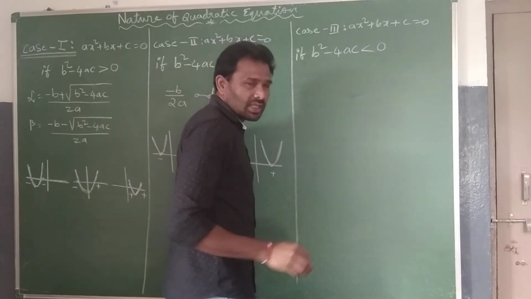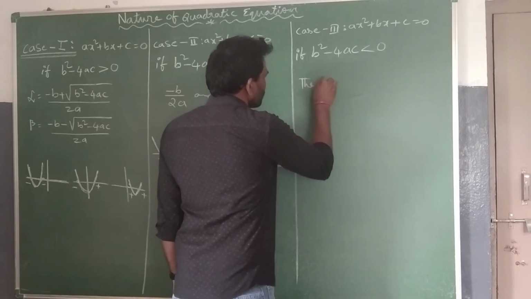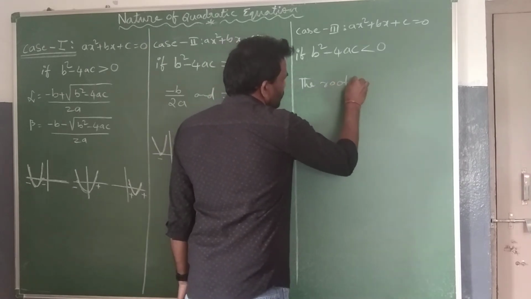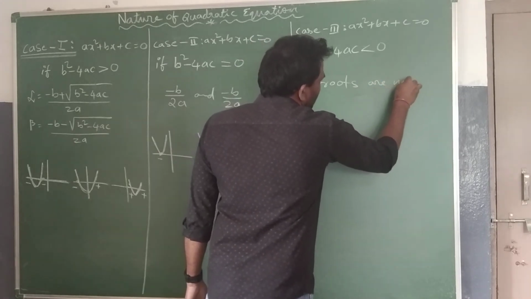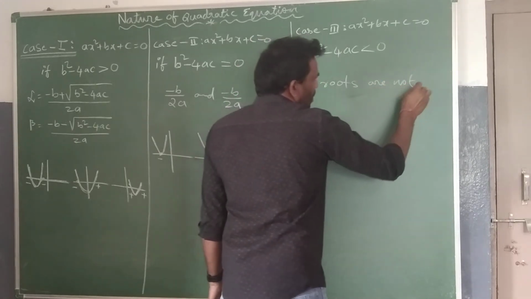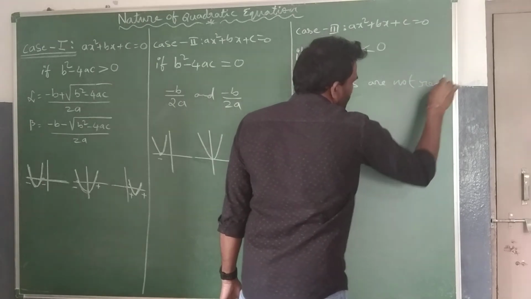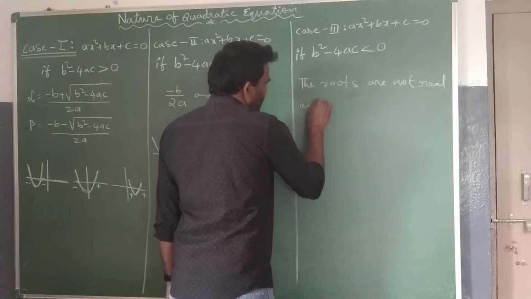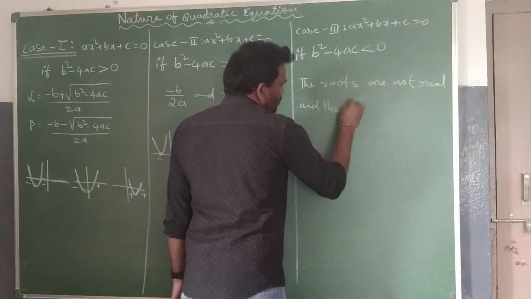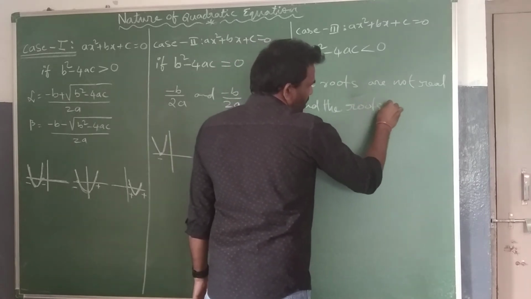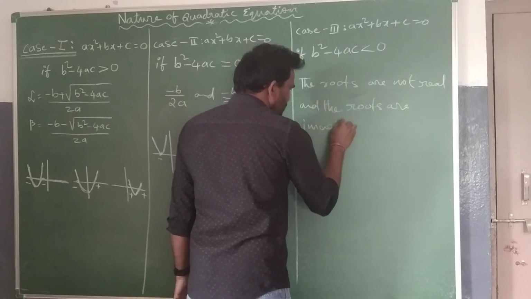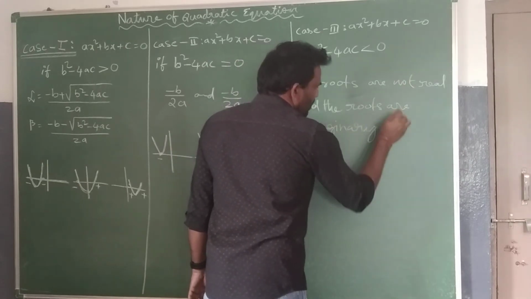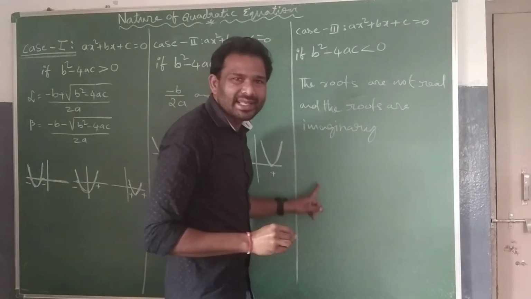Here in this case the roots are not real, and the roots are imaginary, so the graphs will exist like this.